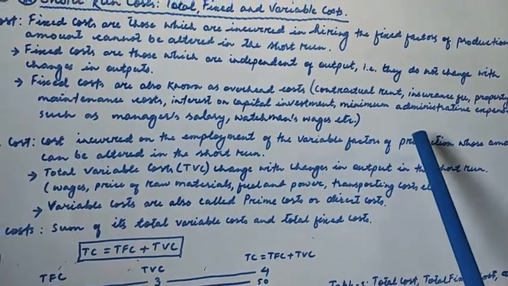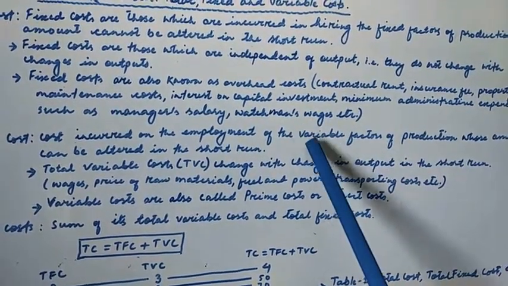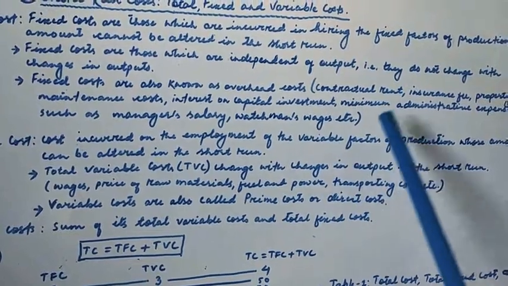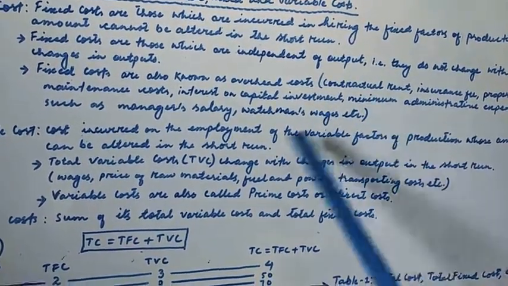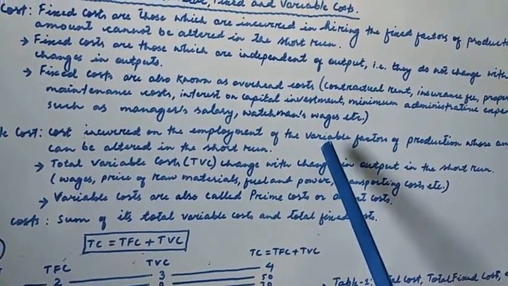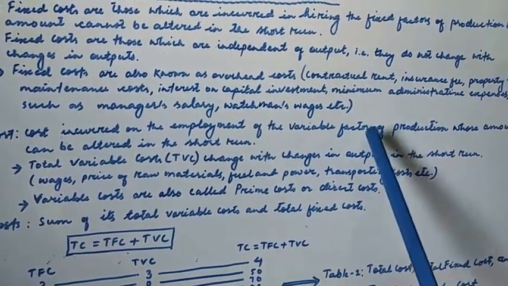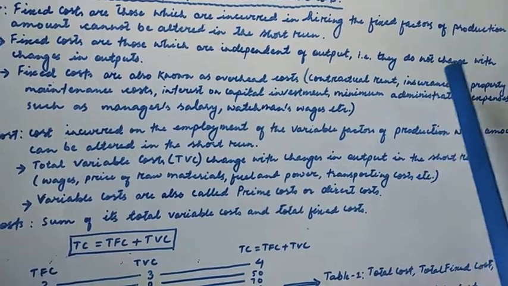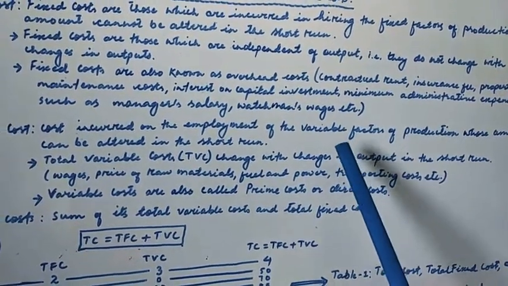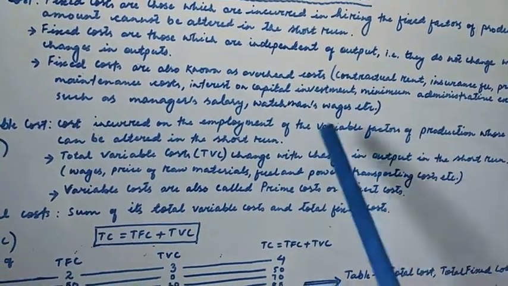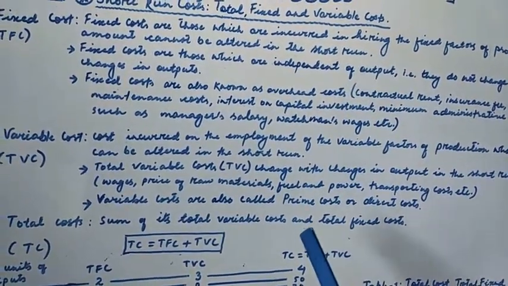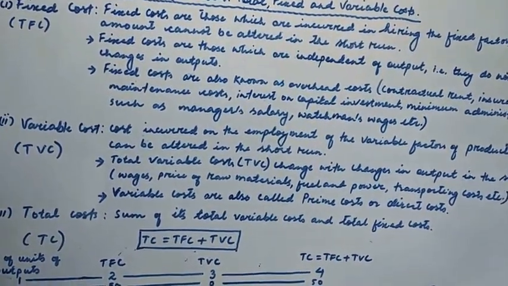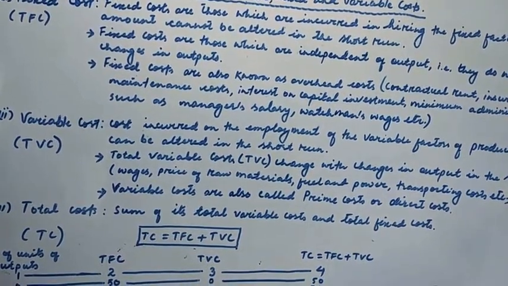These variable factors are changeable, they can be altered in the short run. So a cost incurred in employing those variable factors of production is called variable cost. So that is all about variable cost.